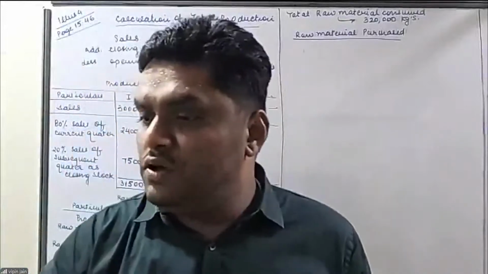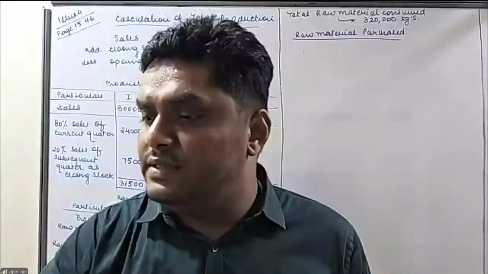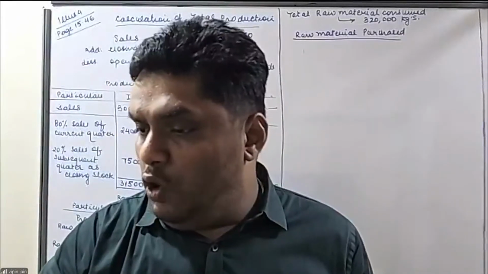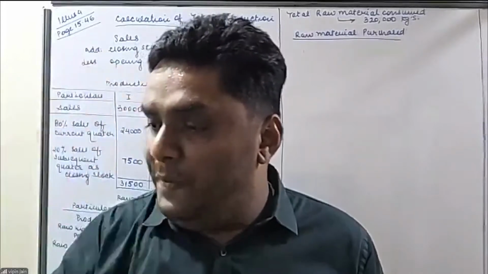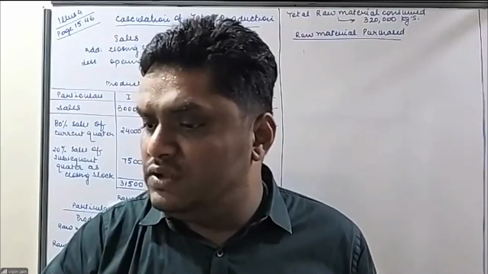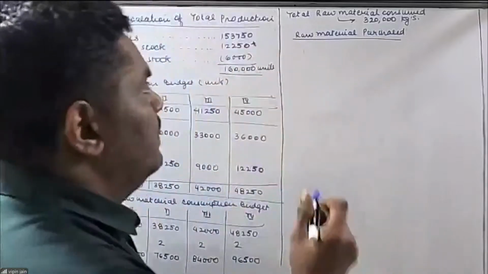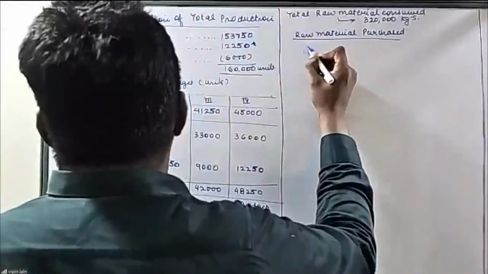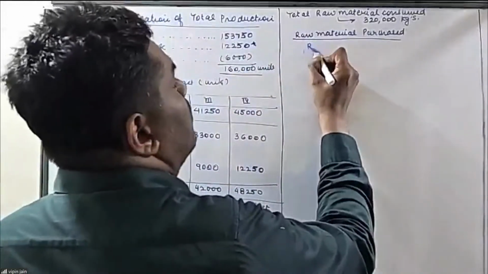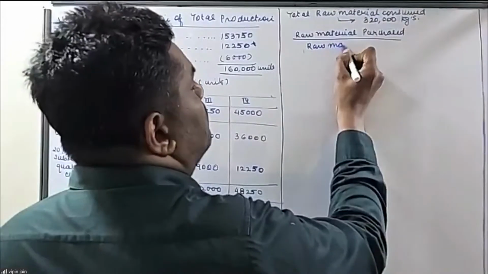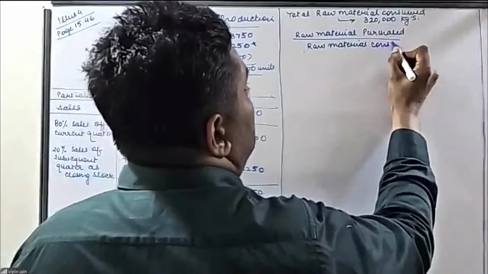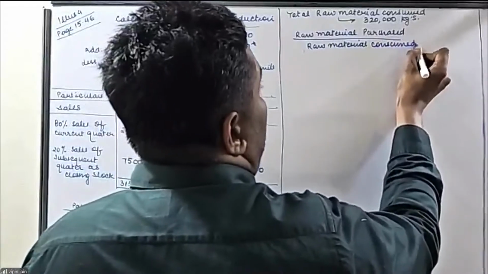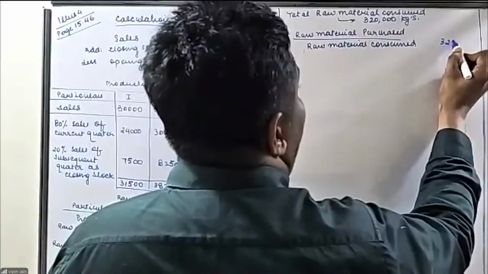So we have the opening stock and closing stock of raw material with us. In the question, the opening stock is 10,000 and the closing stock is 5,000. Again, the same way, the raw material consumed we have is 3,20,000.